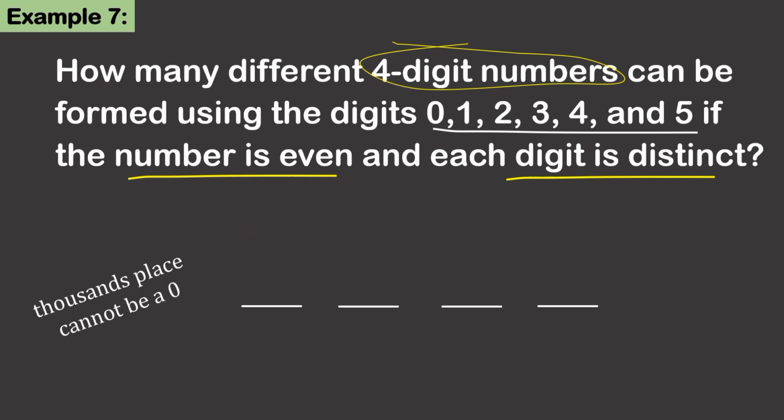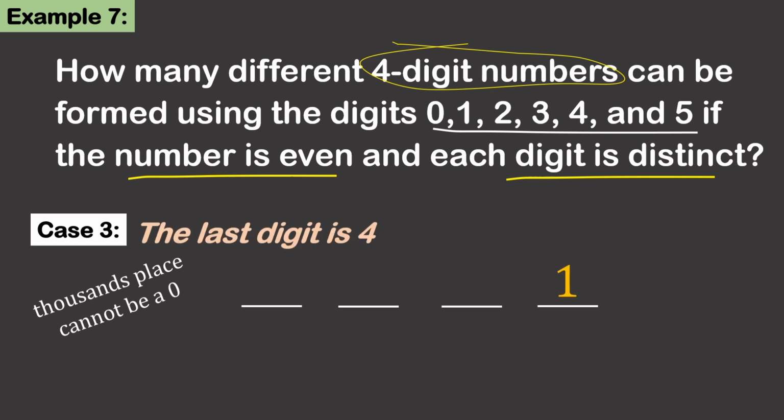Case 3, the last digit is 4. There's only one choice. Going back to the first digit, the thousands place cannot be a 0. Each digit is distinct, or repetition is not allowed. There are 4 choices for the first digit, that is 1, 2, 3, and 5.